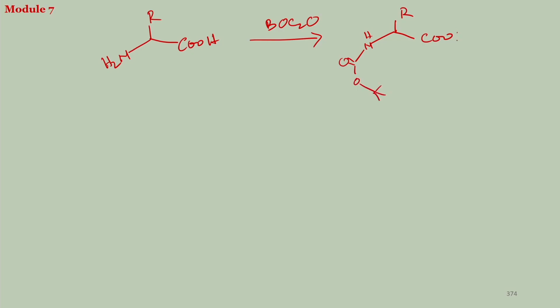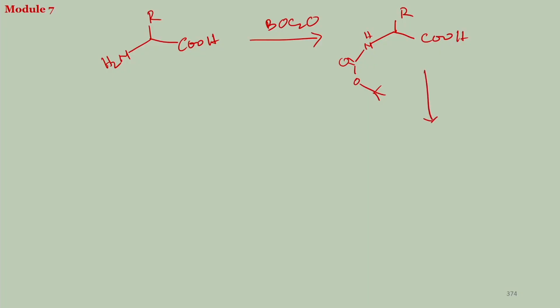This is the Boc protecting group that is usually used for the protection or inactivation of the amine group. Now, how can you deprotect it?